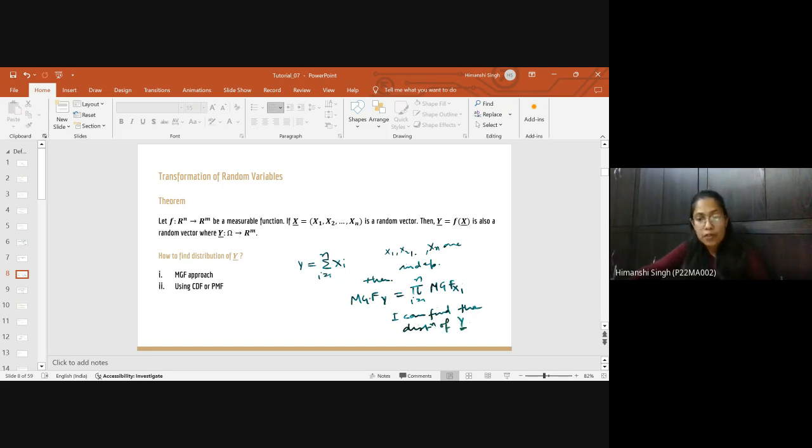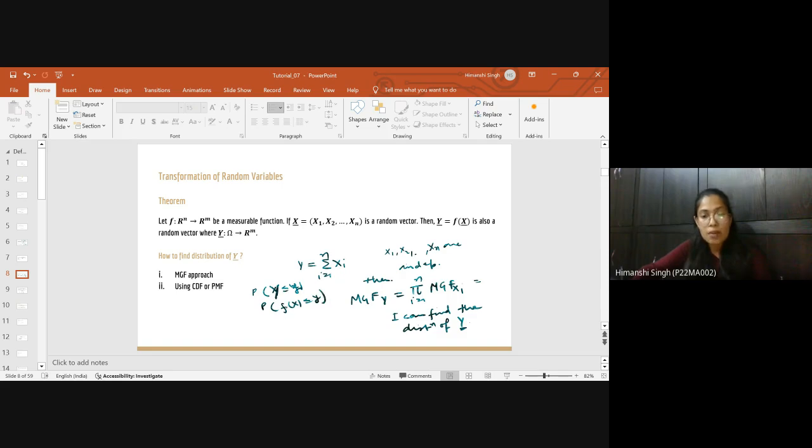This will not always work. Apart from this, if I want to find the distribution of y, there is also a CDF approach, where I find the probability that y is less than or equal to y. Since y is f of x, this is the probability that f of x is less than or equal to y.